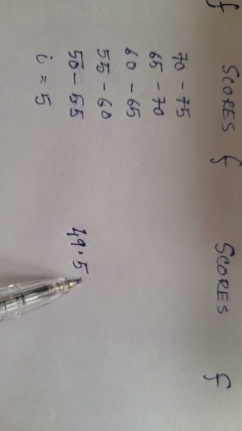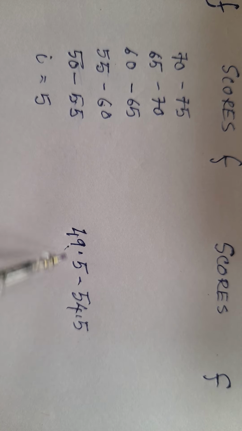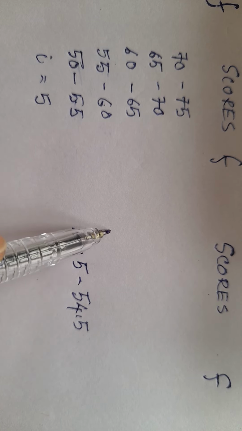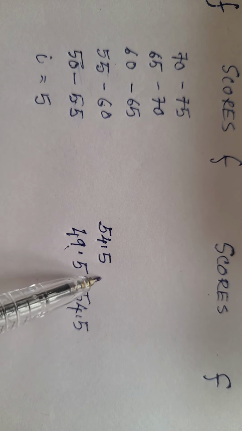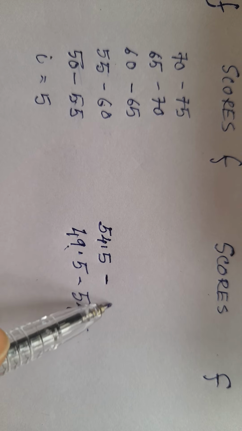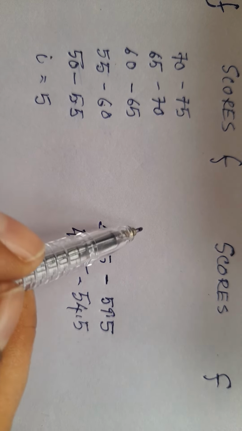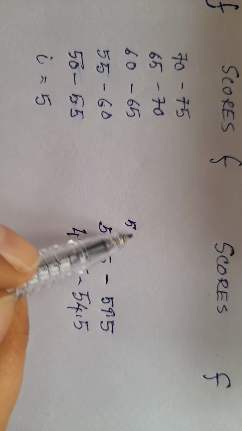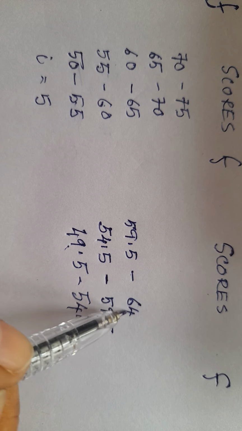49.5 to 54.5. Lower limit, upper limit. Now this is continuous also. 54.5 to 59.5. Next, 59.5 to 64.5.